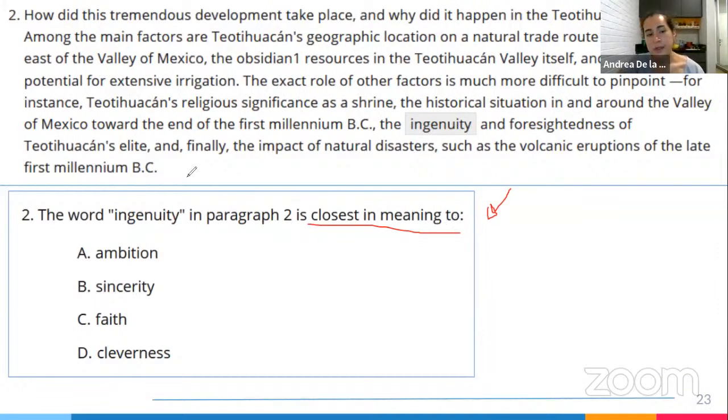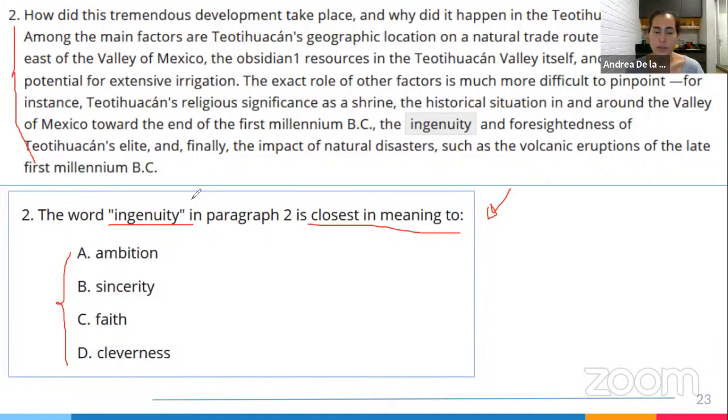So what happens? You have a word extracted from a paragraph, and you have to choose the option that is a synonym for that word, or that is closest in meaning. Now, obviously, it needs to make sense, not only like if you take a dictionary and look for the word, it should be in the synonyms, because maybe the word ingenuity has 2 definitions.